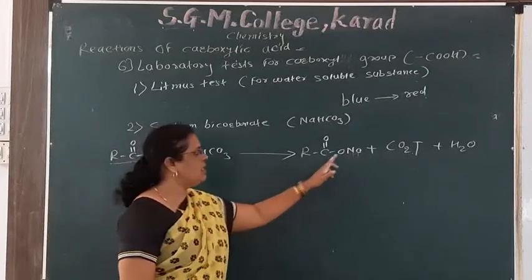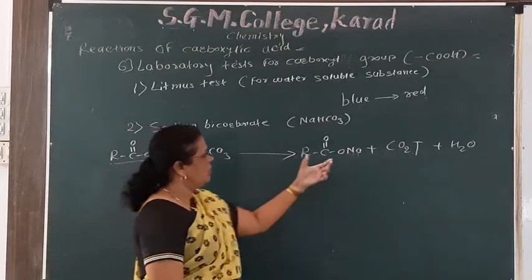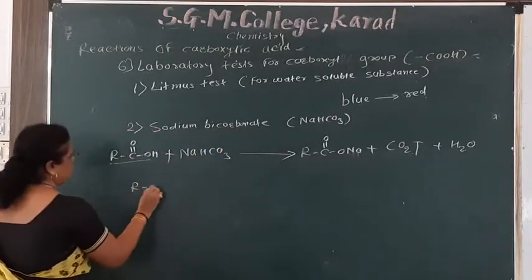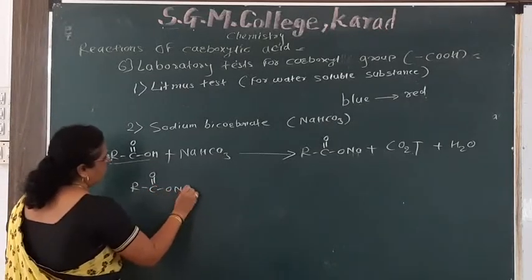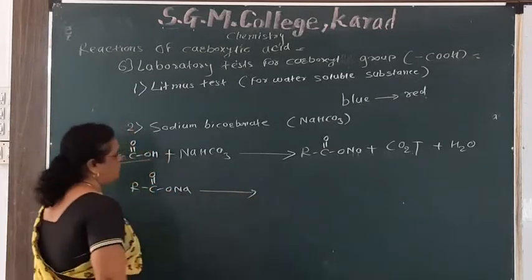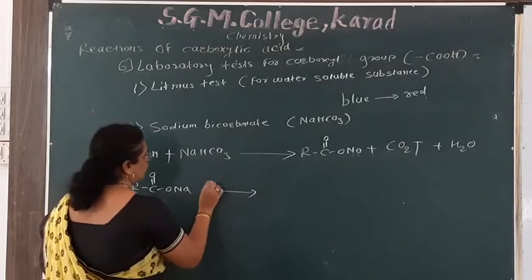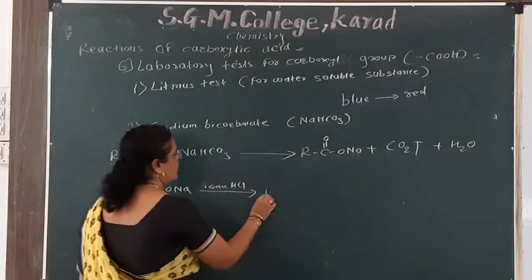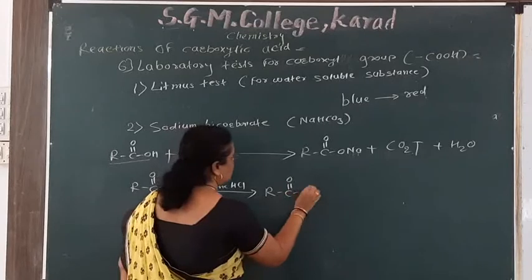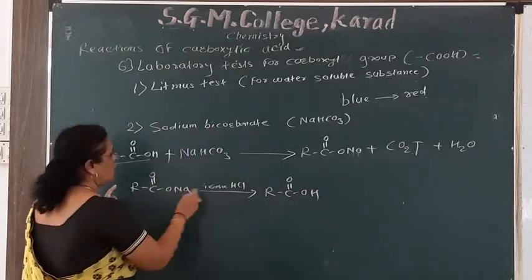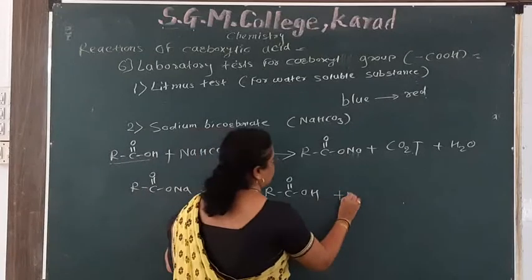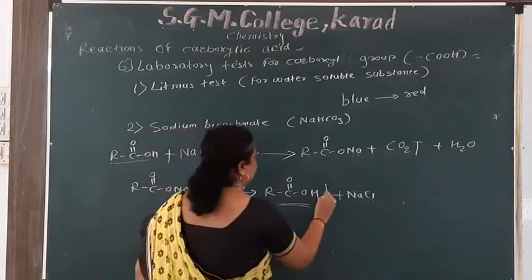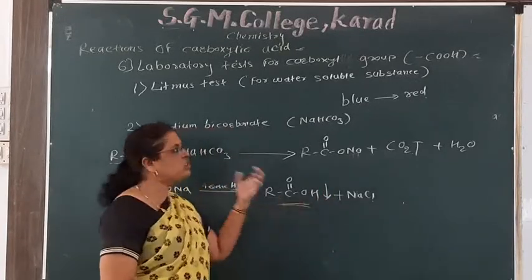Also, this sodium salt of carboxylic acid, RCOONa, on acidification with concentrated HCl gives a precipitate of RCOOH and NaCl. This indicates the presence of COOH group.